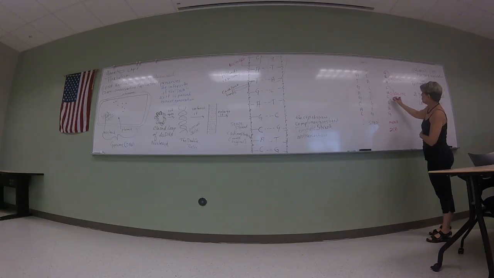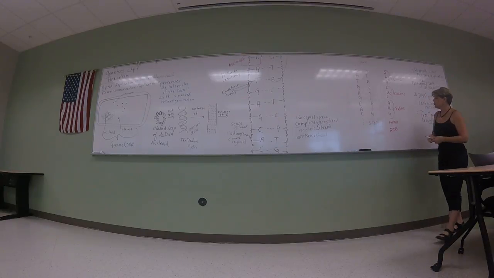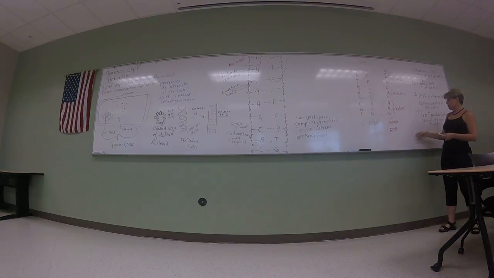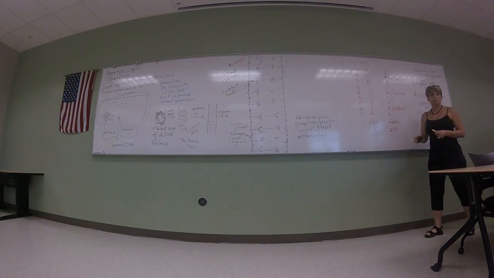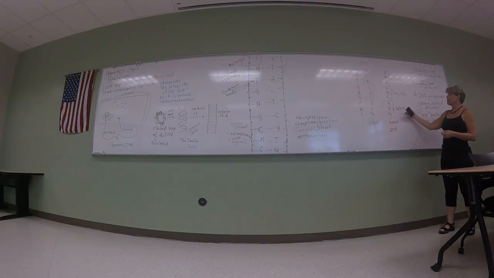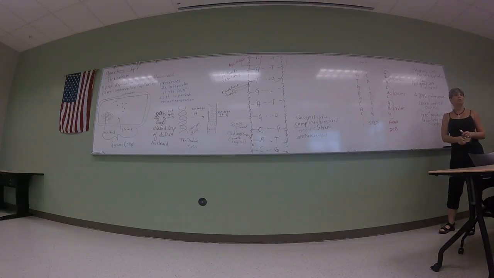And what's GUG code for? I think it might be valine again. Yeah. So, if I were building a protein from a gene, my protein would be 3 amino acids long. It would be a tripeptide.